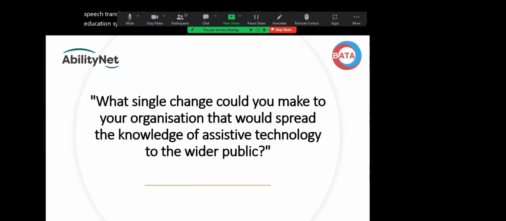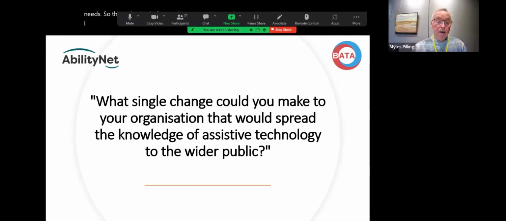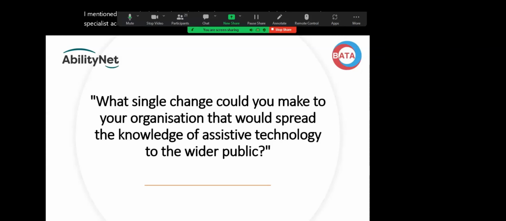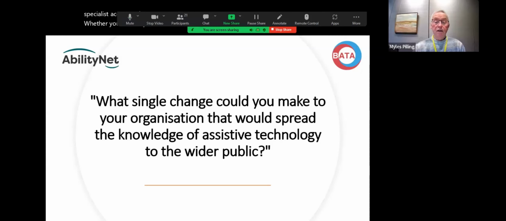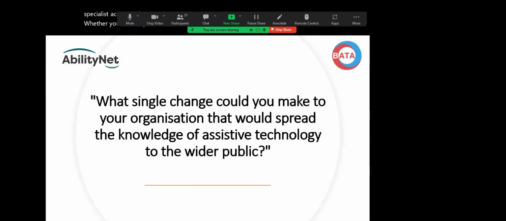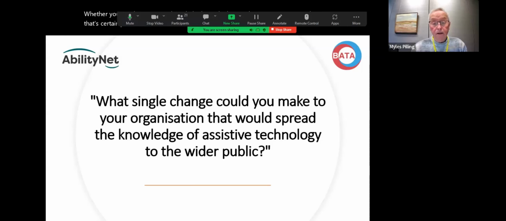So that's the kind of example I'm mentioning. So maybe look at the technology that you're using and whether you need specialist access tools or whether you need to just use what's baked in or built in to the operating system, then that certainly will make a difference to you or your organization.